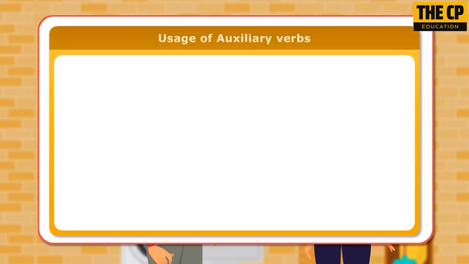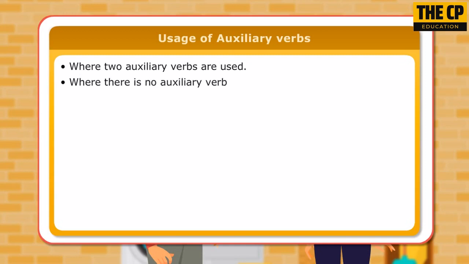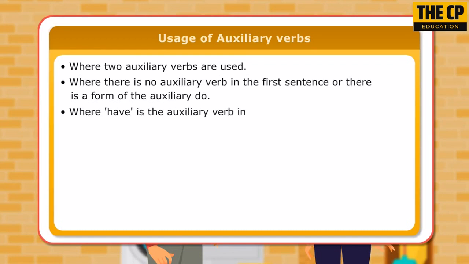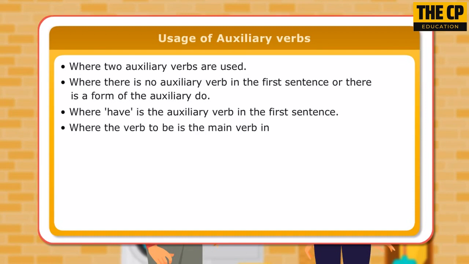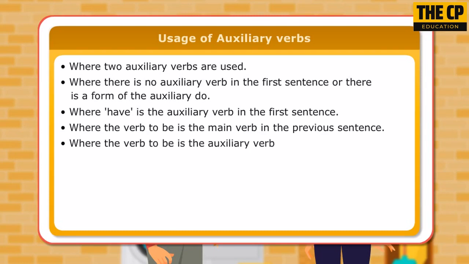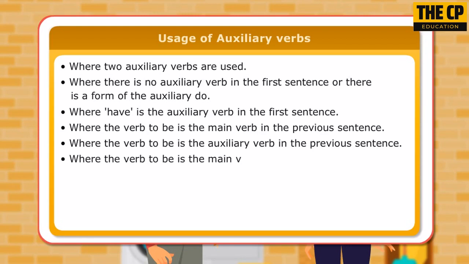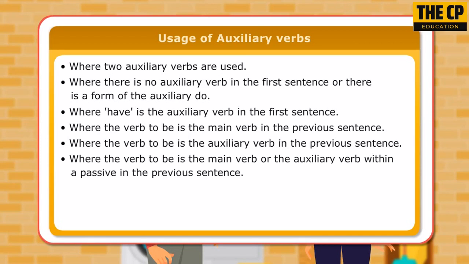We leave out words in the second sentence where two auxiliary verbs are used, where there is no auxiliary verb in the first sentence, or there is a form of the auxiliary do, where have is the auxiliary verb in the first sentence, where the verb to be is the main verb in the previous sentence, where the verb to be is the auxiliary verb in the previous sentence, where the verb to be is the main verb or the auxiliary verb within a passive in the previous sentence.